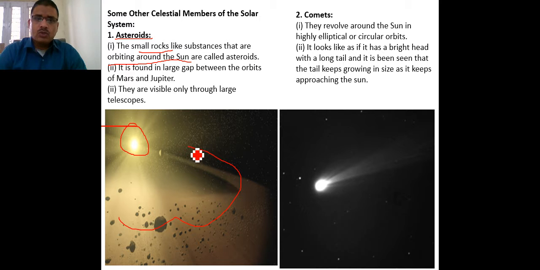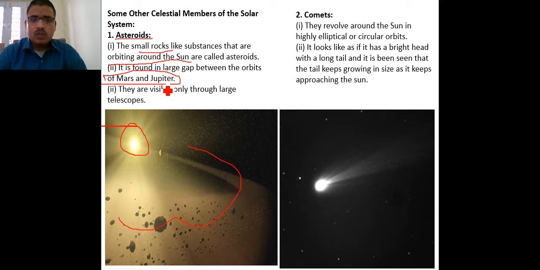They are found in a large gap between the orbits of Mars and Jupiter. That means between these two planets there is a space, and in that space the asteroids are found.